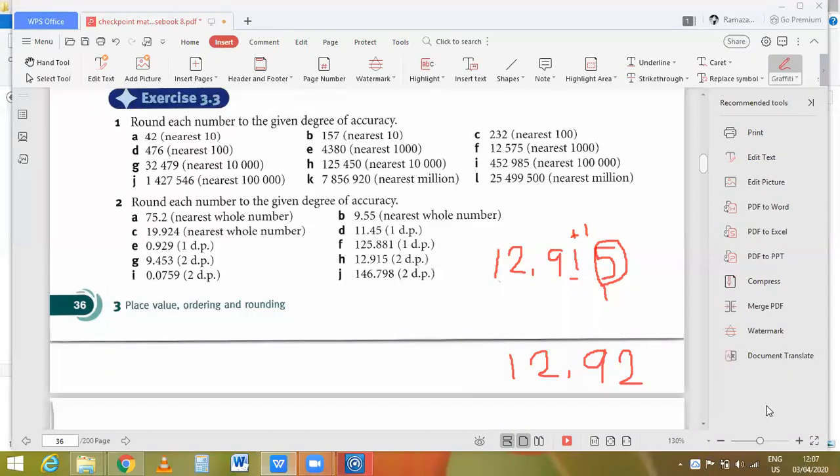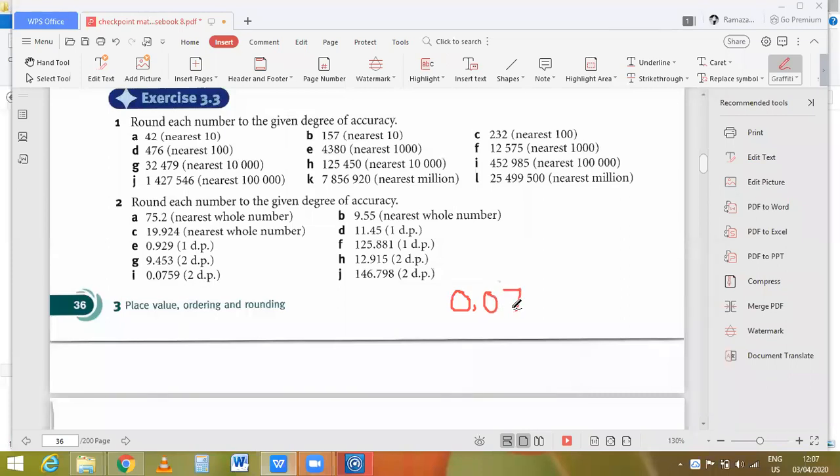Okay, just the last two now. 0.0759. It's asking for the second decimal place again. So I will count the second decimal place now.